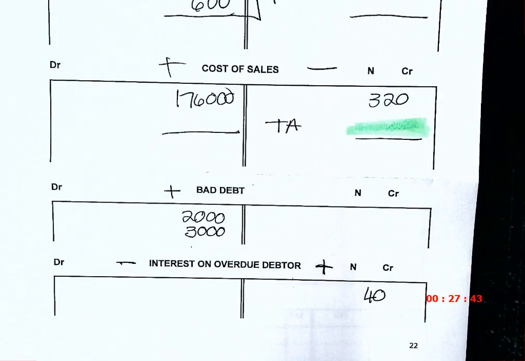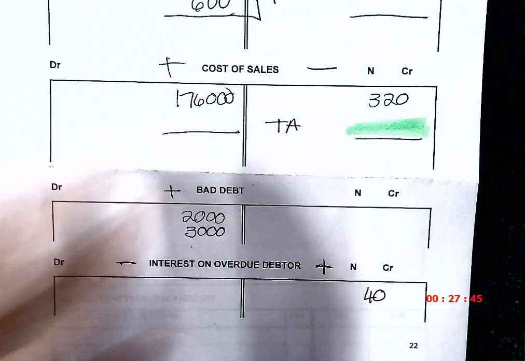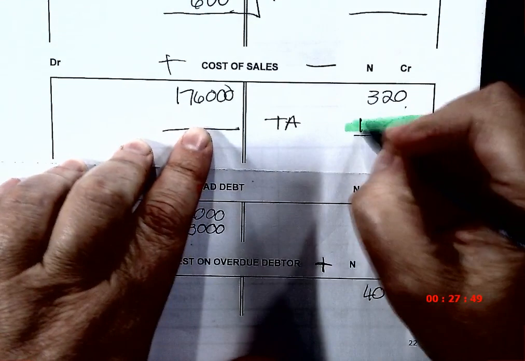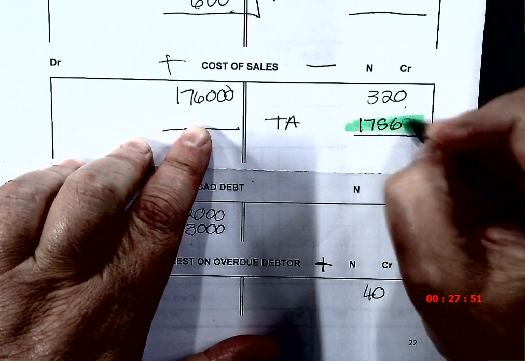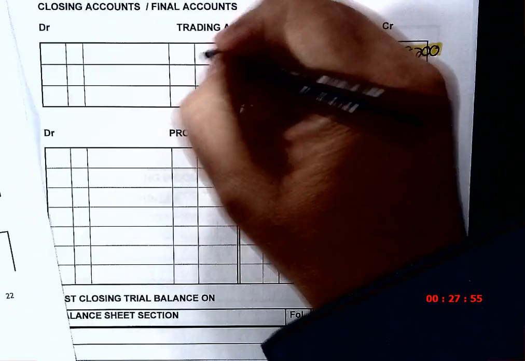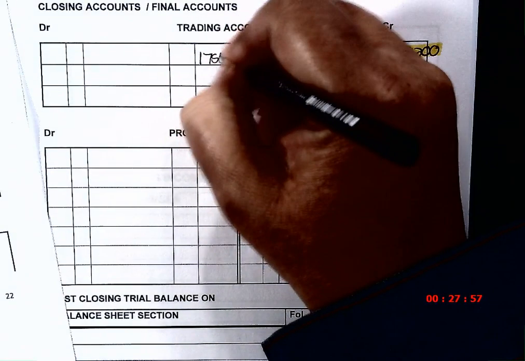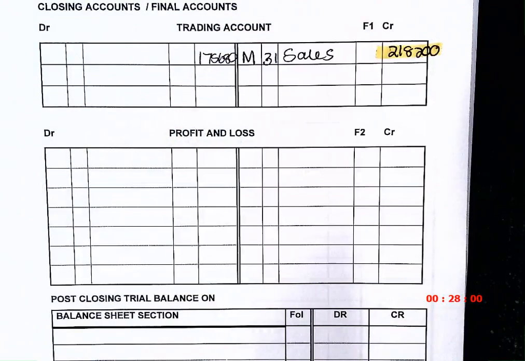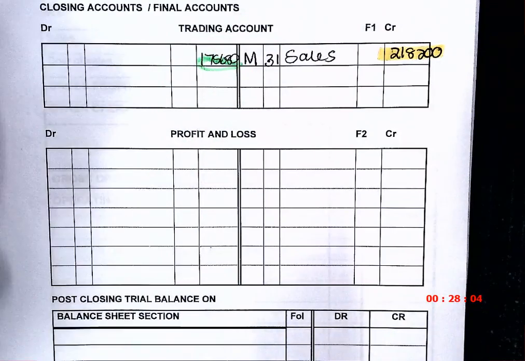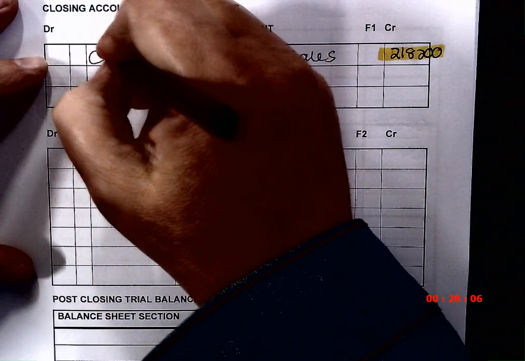I minus. So I'm going to say 176 less 320 gives me 175,680. And that 175,680 is going to go here. So I say cost of sales.